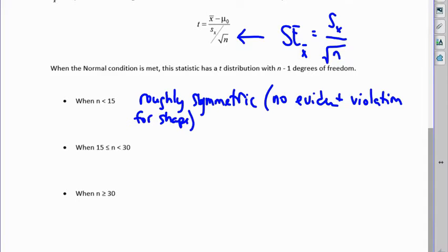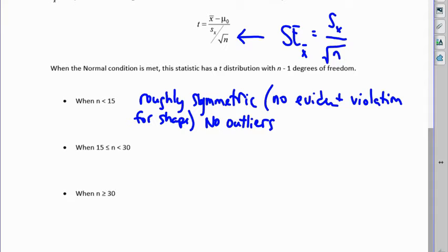It's hard to tell at that low level under 15 what the shape is, but just make sure that there's no real evidence for a violation in that symmetric shape. You definitely want no outliers.